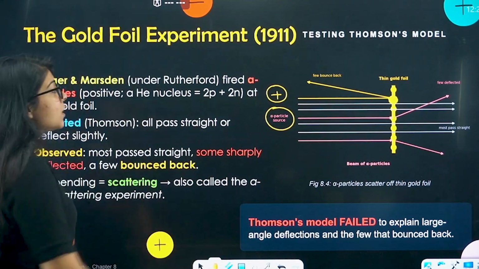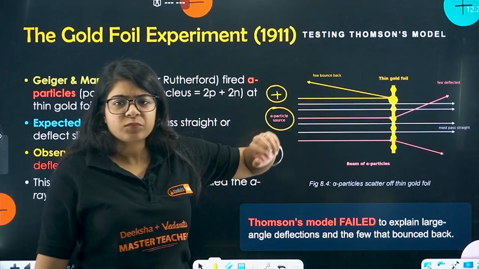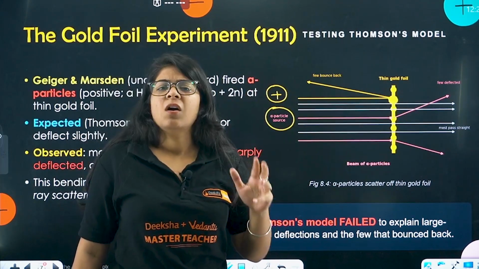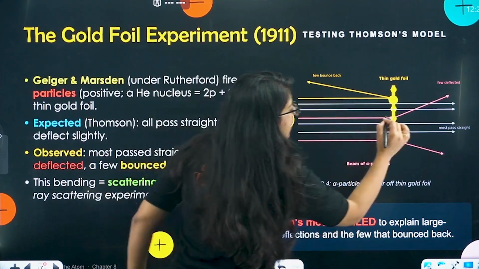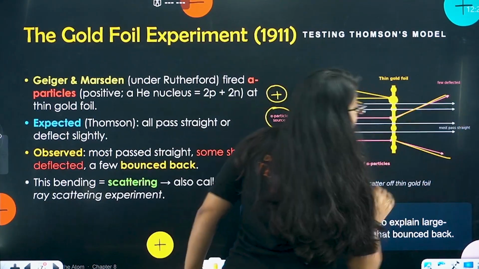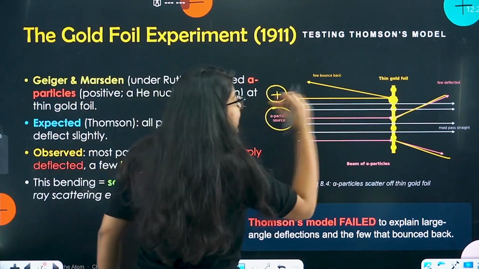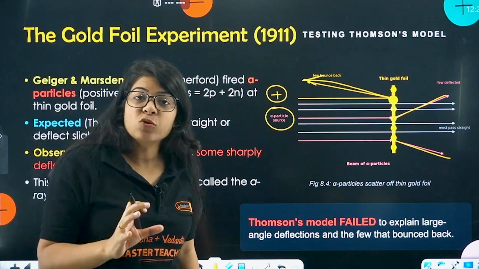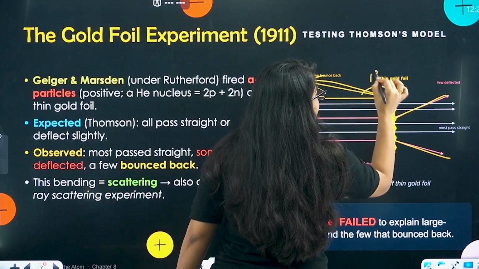What they saw is that when the alpha particles were going towards the foil, almost the maximum of them passed through the atom. Then they saw that some of them were a little bit deflected, and some of them quite literally bounced back, almost to an angle of 180 degrees.